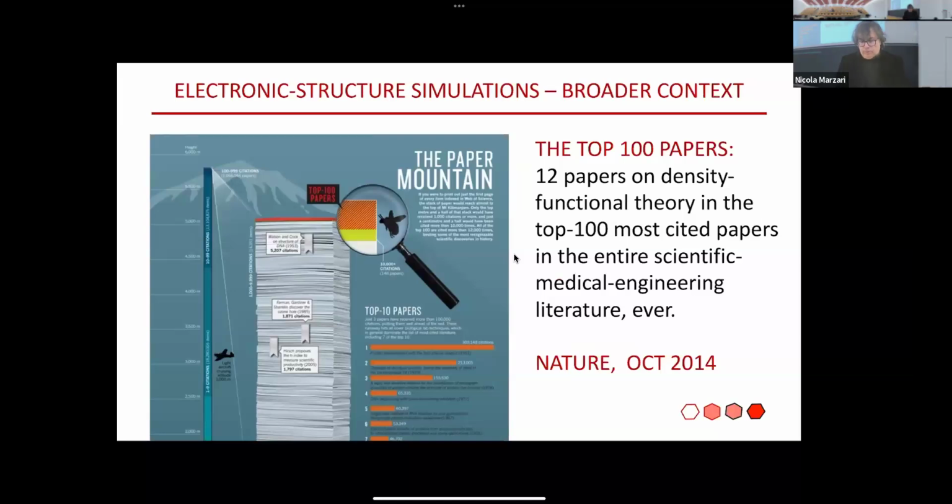So Nature, more than 10 years ago, looked at the most cited papers in the entire history of our scientific literature. They went back to the 18th century, covering all fields, not only science, but medicine, biology, engineering. And then they analyzed the top 100 papers and the top 10. And actually the most prevalent field was indeed density functional theory, with 12 papers in the top 100 and 2 papers in the top 10.